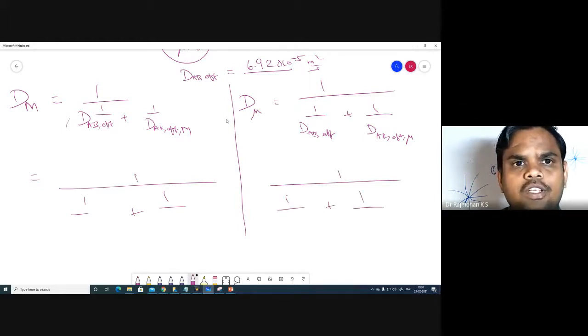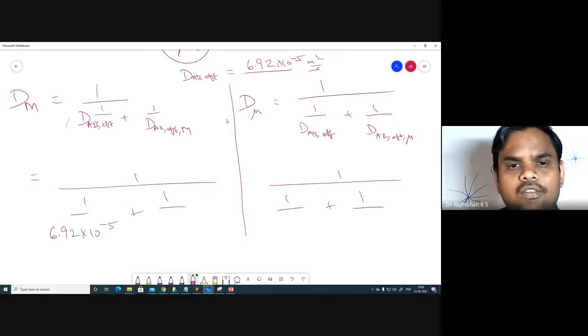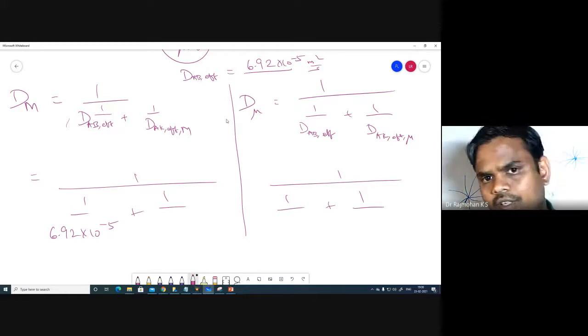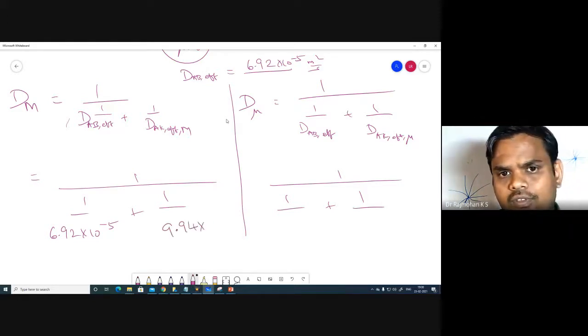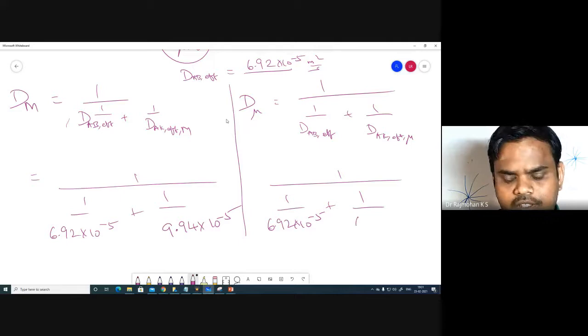So fill up the values. DAB effective is 6.92 into 10 power minus 5. Here DAK effective for macropores is 9.94 into 10 power minus 5. Here it is 6.62 into 10 power minus 6.